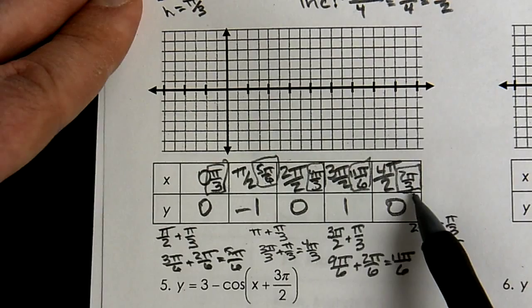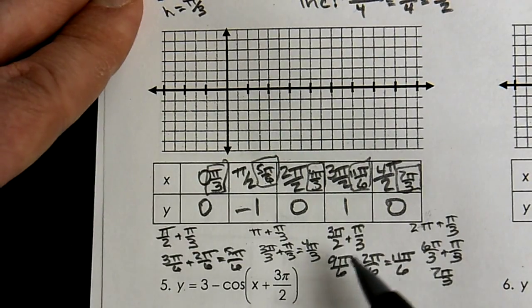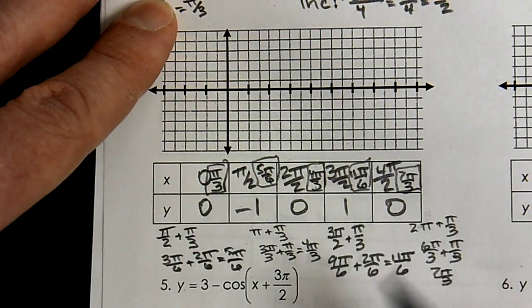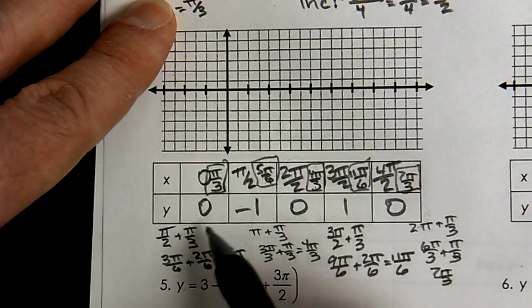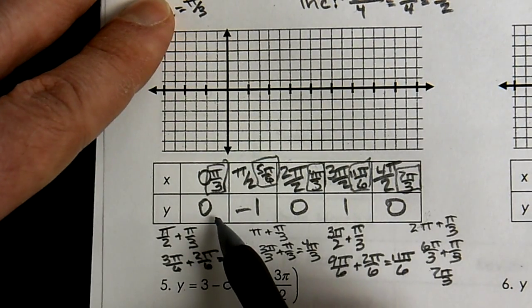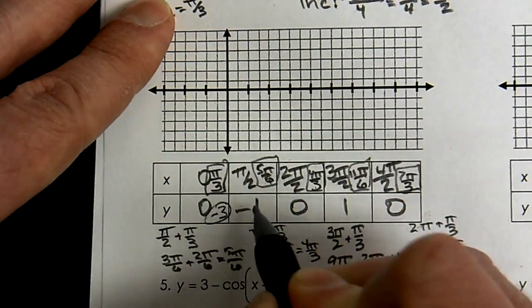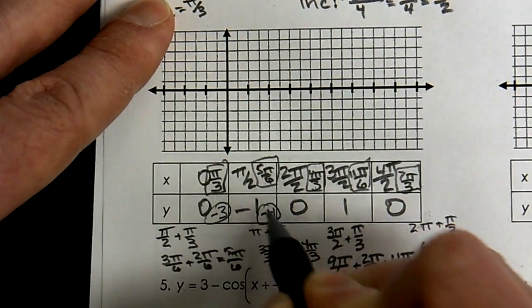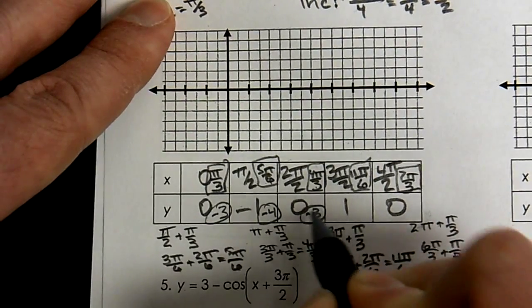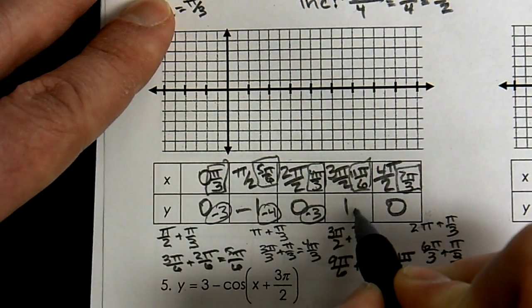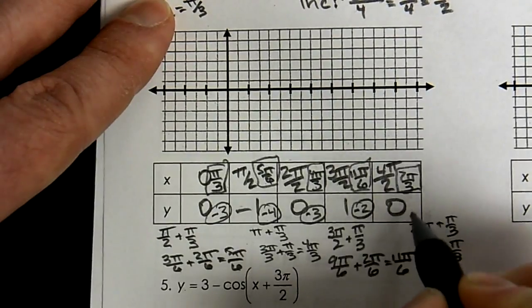From 11 to 14 would be 3. So it's all going up by the same amount each time. On this side, it's translating 3 down. So we're going to go 3 down here. We're going to go 3 down from this number, 3 down from 0, 3 down, and subtract 3.